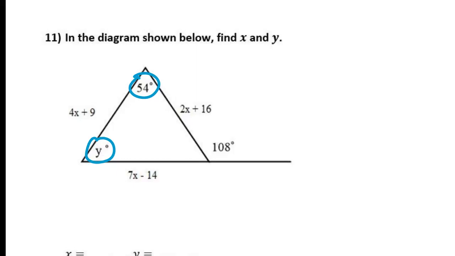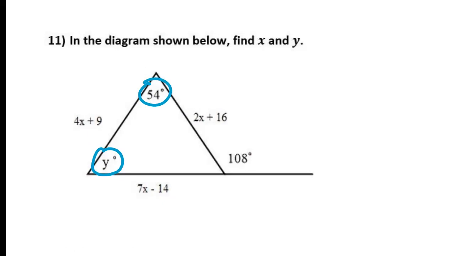Because I know in any triangle, those three angles are supposed to add up to what? Supposed to add up to 180. This angle, though, is not inside my triangle. What do we call angles that are not inside the triangle? Exterior. This is an exterior angle.